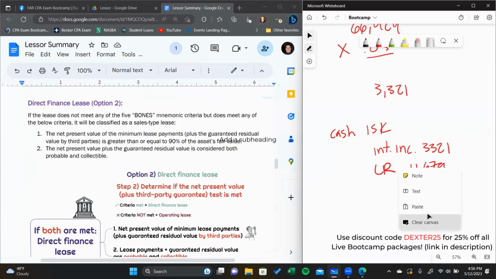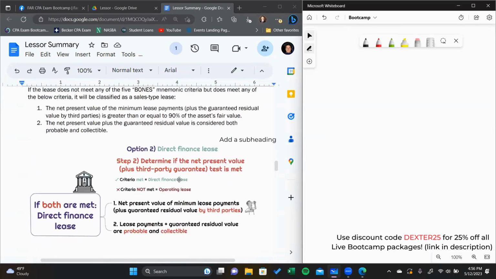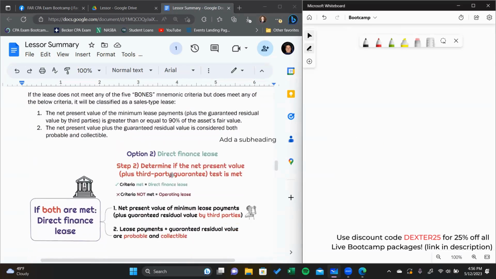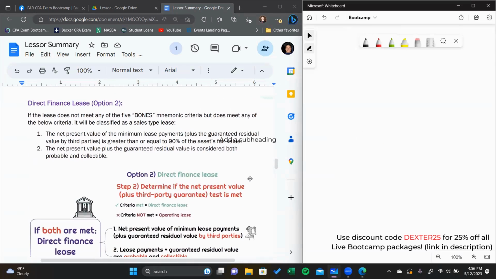Okay, let's go to direct finance leases now. For direct finance leases, we first start, so we have the bones criteria. If any one of these are met, then it's a sales type. If none of these are met, then we check two other things.